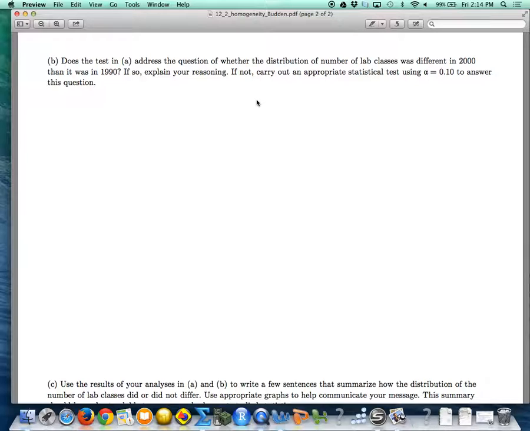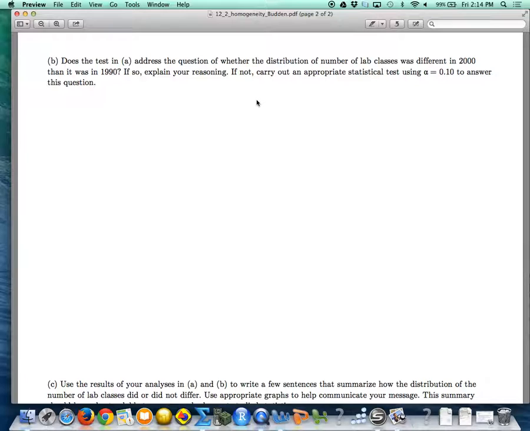This is where that new test comes in. It's called a chi-square test for homogeneity. You might want to write this down. A chi-square test for homogeneity, you're going to see in 2 different cases. The first case is you're comparing 2 distributions for 2 years, like you are here. So here we looked at number of lab classes from 1990 to 2000.